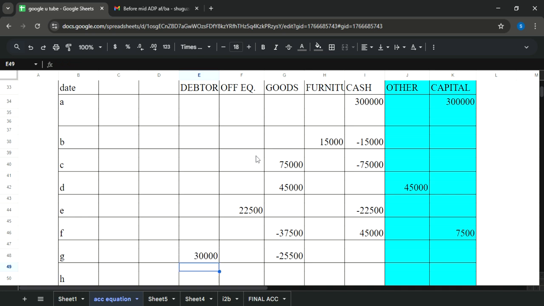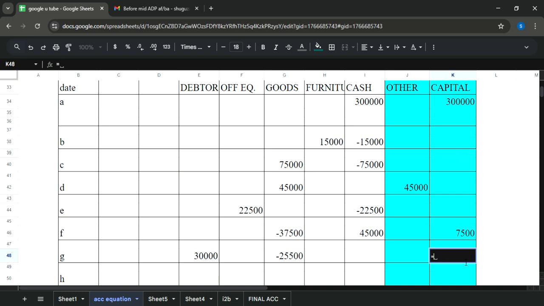Again, entry is not equalized. You can see that 25,500 is less than 30,000. And now please make up your mind: goods were going out for 25,500 and you are receiving 30,000. It means more amount you are receiving, you are earning profit. This profit is basically concerned with the capital. Profit is your income. Income should be added to the capital.